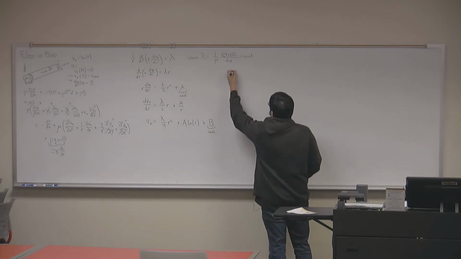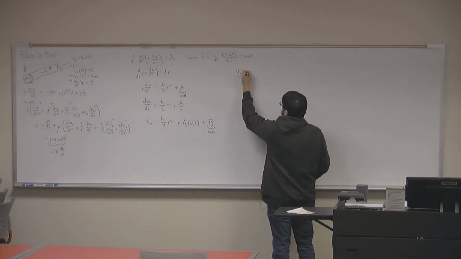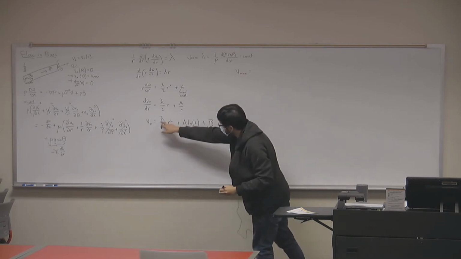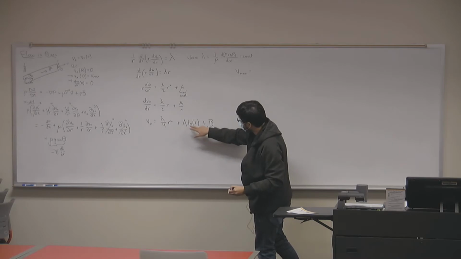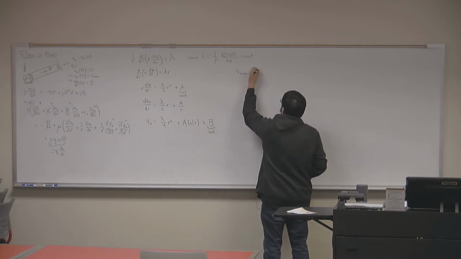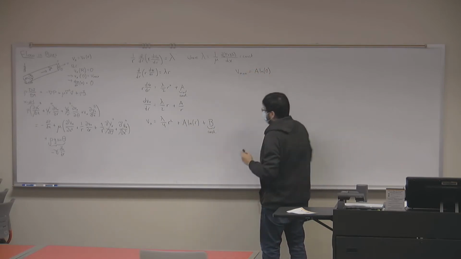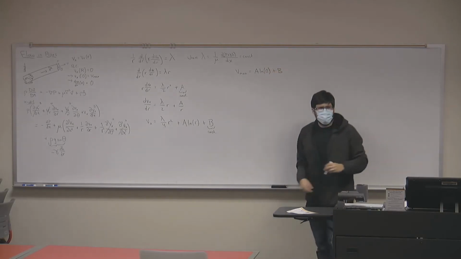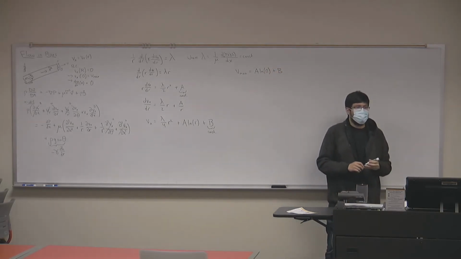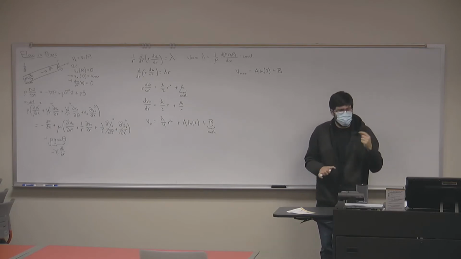So I can say that Vmax, that's the velocity at 0, equals lambda over 4 times 0 squared, nothing, plus a times natural log of 0 plus b. And now my question is, what's the natural log of 0? Think. What does natural log mean?